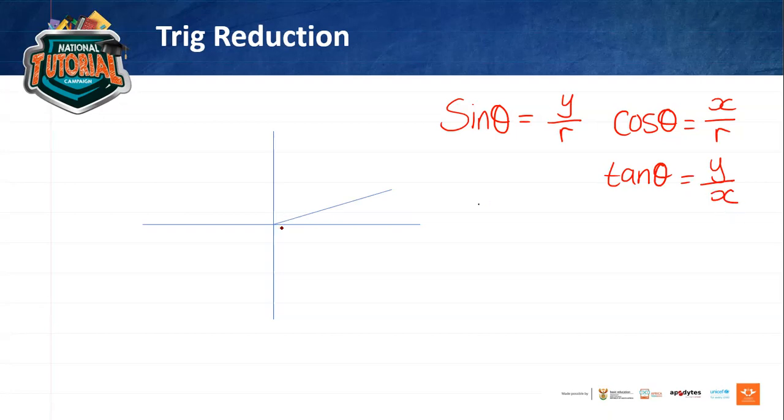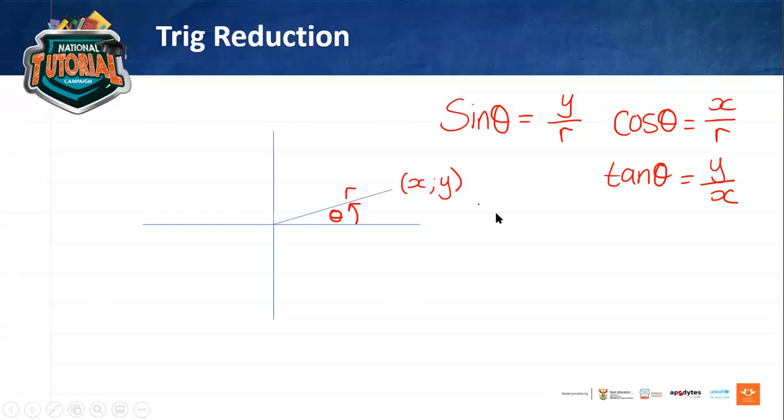If you've got an angle theta measuring from the x-axis anti-clockwise, and your point x, y, the distance from the origin to that point we call r, and using our different trig functions, we can find sine of theta by taking the y value over r, cos and tan.